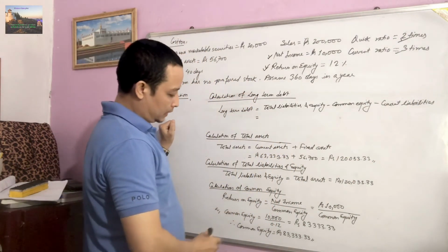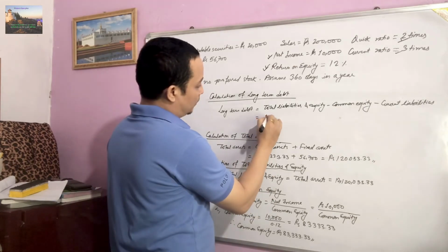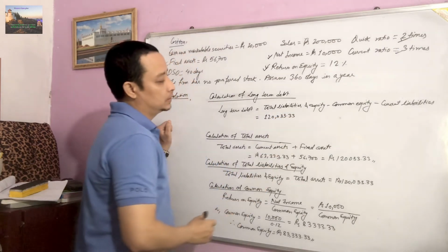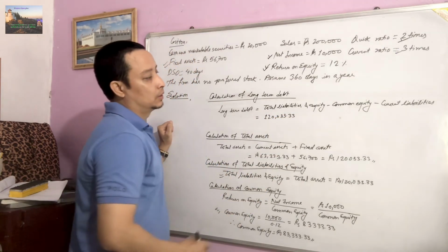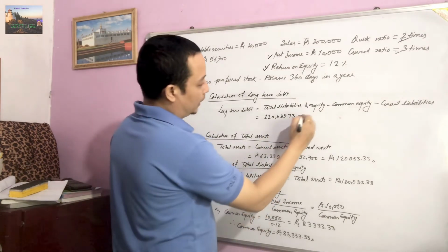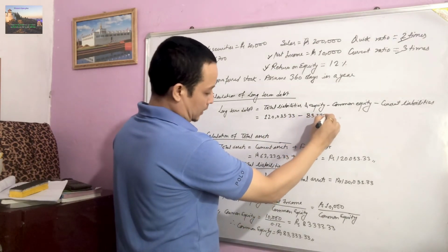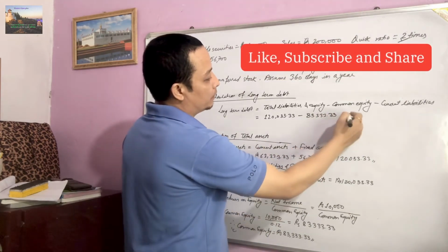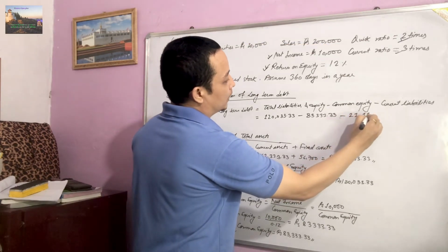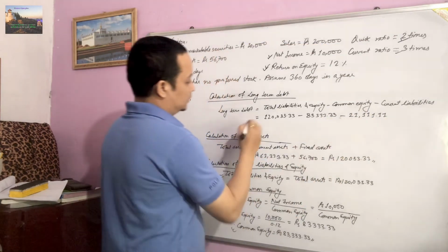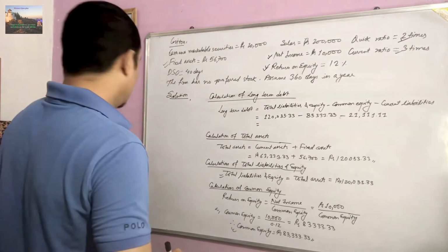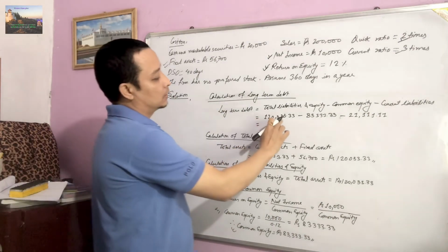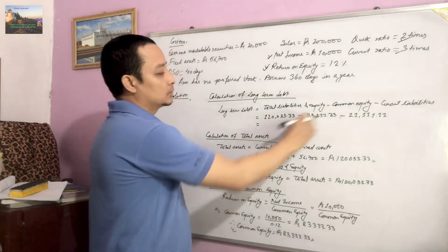Total liability and equity, that is your 1,20,033.33, which you have already found. Minus common equity, here 83,333.33. This is your common equity, minus current liability, which you have already found, 21,111.11.